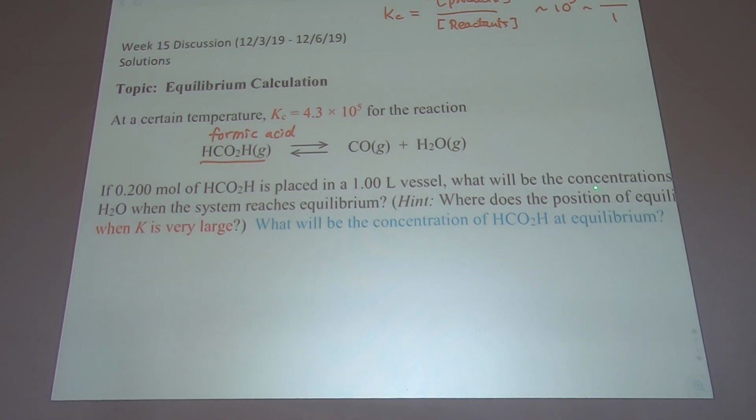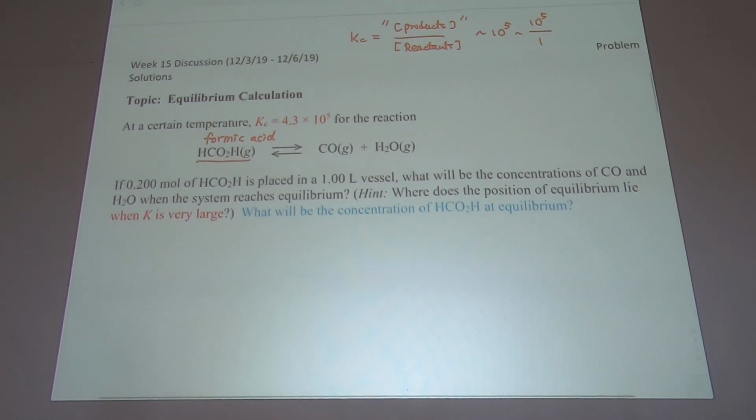And what will be the concentration of CO2, CO, and H2O? And actually, I also added a new question: what will be the concentration of formic acid at equilibrium? And they even wanted to make sure this K value is very, very large, and this is trying to give you a clue.